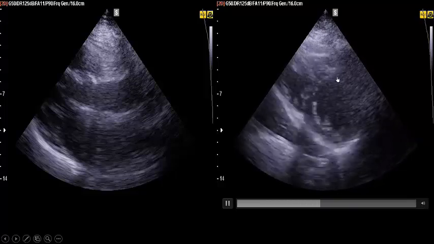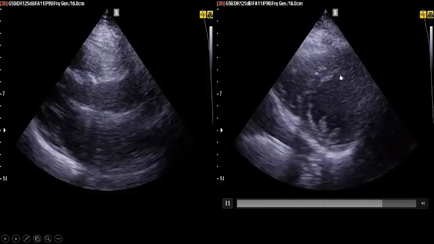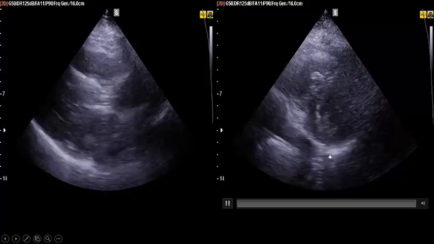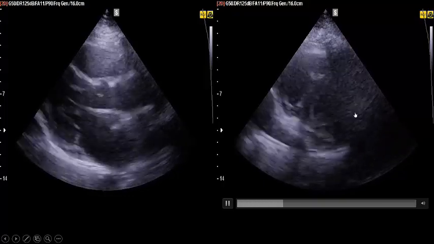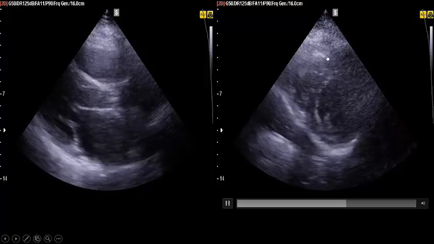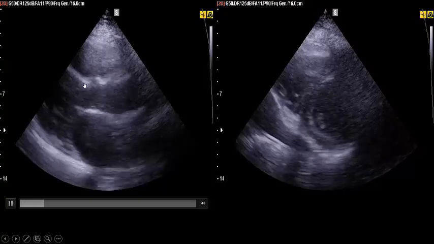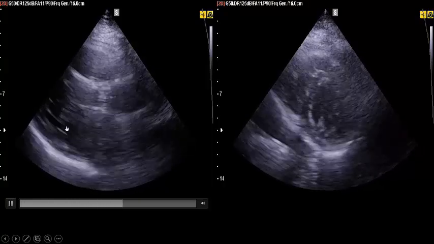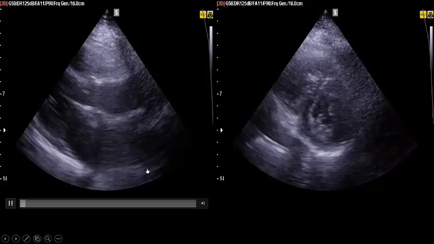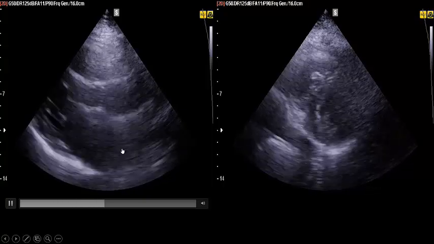This is the parasternal short axis view. There is good contraction at the level of the papillary muscle, good kissing heart here, good thickening and shortening. This is the long axis parasternal view, good shortening and thickening and a dilated left atrium because of AF.